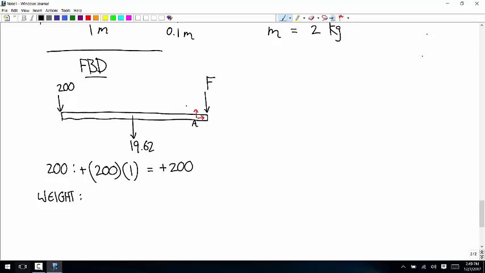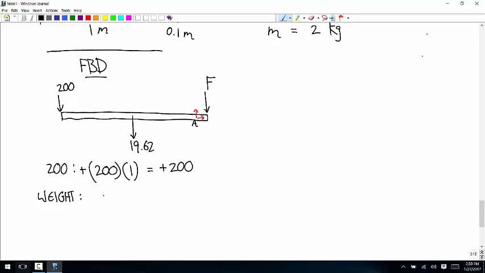The whole board is 1.1 meters long. So the weight is going to act 0.55 meters from the end, right? But this is 0.1 meters. So it's 0.45 meters from here to here. I won't make you do that, but it is 0.45.